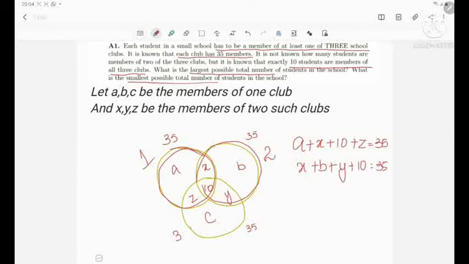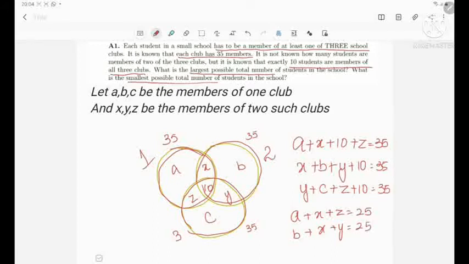And counting the third circle, altogether we have Y plus C plus Z plus 10 is equal to 35. After all simplifications, we get that A plus X plus Z is equal to 25, B plus X plus Y is equal to 25 again, and C plus Y plus Z is equal to 25.